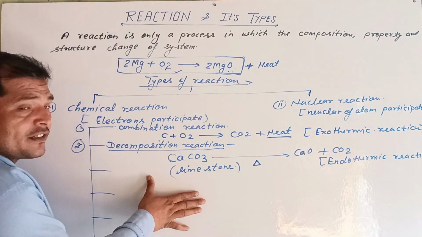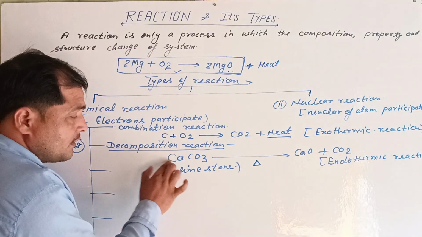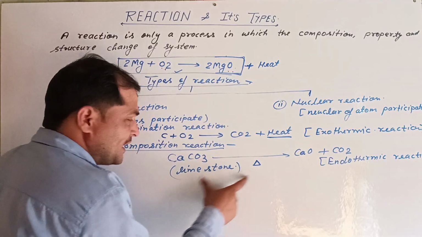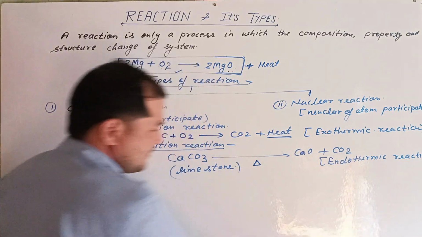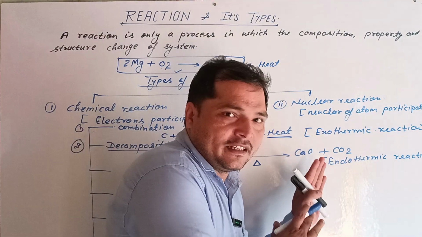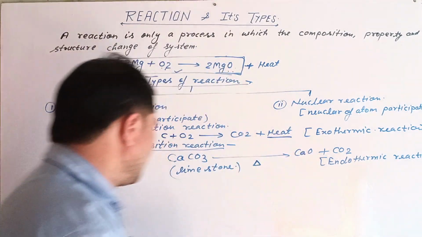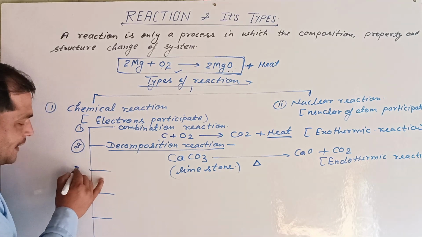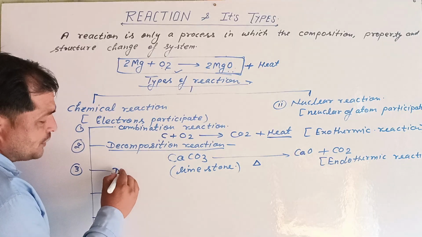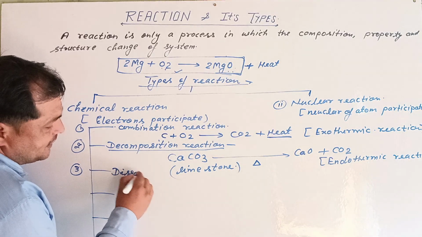In a decomposition reaction, this reaction needs extra heating energy, so it is known as an endothermic reaction. Two types of reactions have been described in front of you. Now let us know about the third, dissociation reaction.